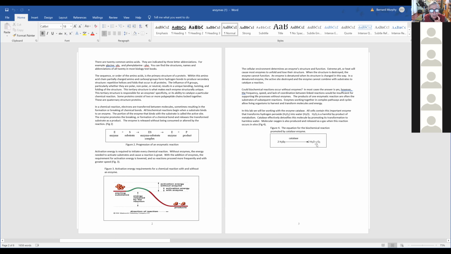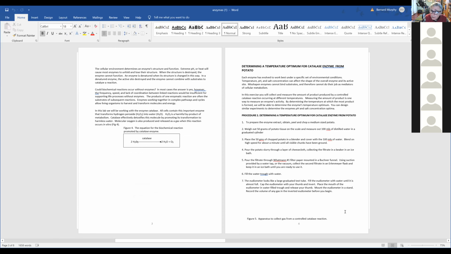So we're going to look at the enzyme activity of catalase as a function of temperature. Temperature on the x-axis, enzyme activity on the y-axis, and the measure of enzyme activity is how much oxygen is produced. The more oxygen produced, the greater the enzyme activity. The less oxygen produced, the less activity. So that's what we're going to directly measure: milliliters of oxygen produced per minute.